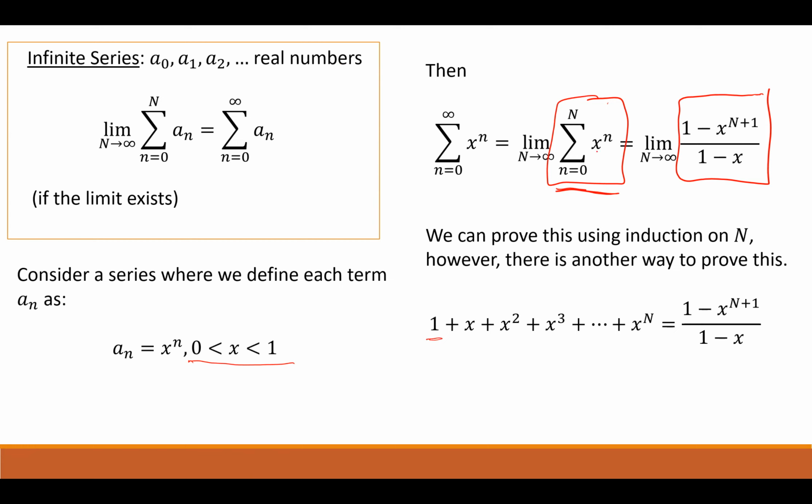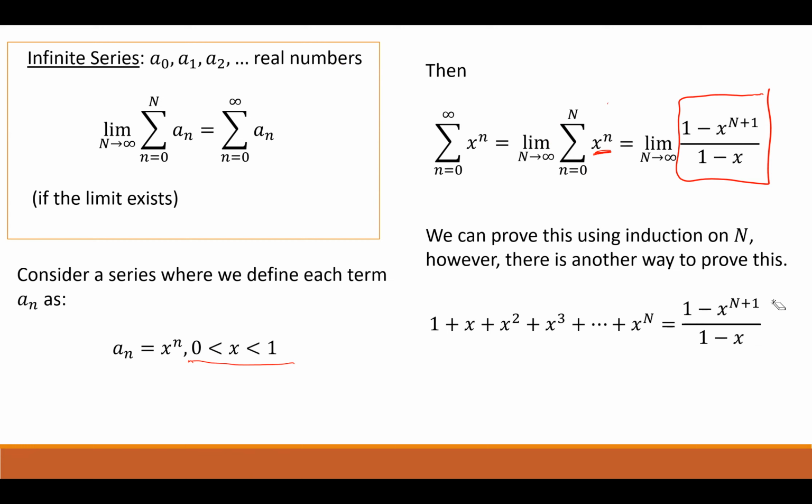So x to the 0 is 1, x to the 1 is x, x to the 2 is x squared, and all the way up to x to the power n, right? So this summation here is exactly the same as that summation there. And then my claim is that it's equal to this.